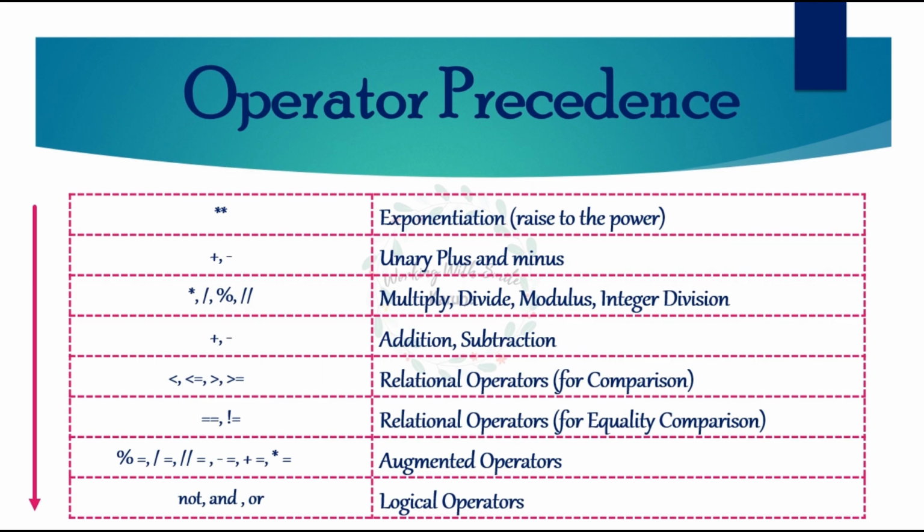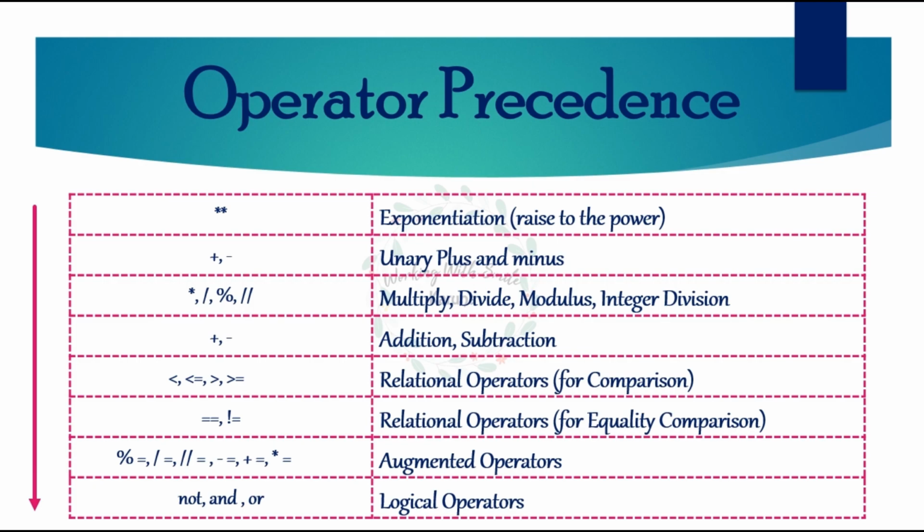Relational operators are evaluated after the arithmetic operators, then come the augmented operators, and finally, after the evaluation of all the above operators, comes the turn for the logical operators.